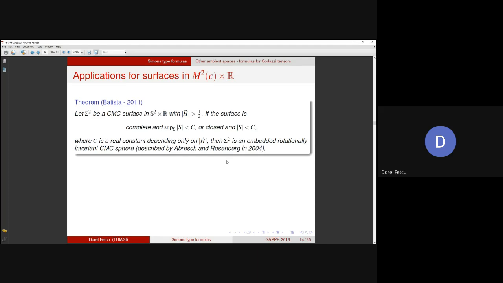As applications of this formula, I'll still mention some rigidity results obtained by Batista in the same paper from 2011.